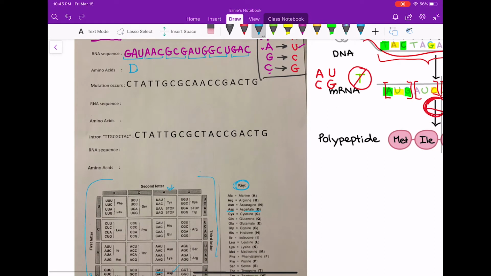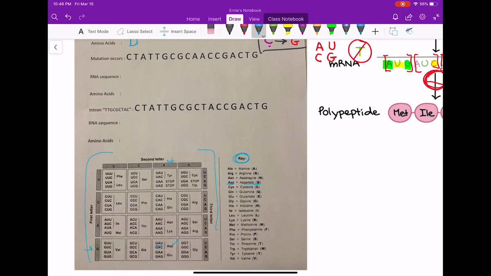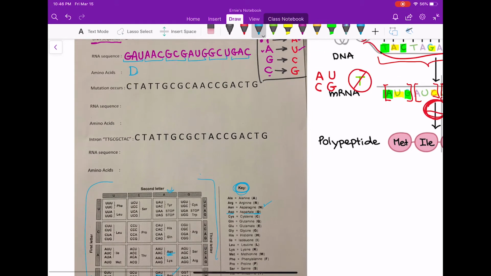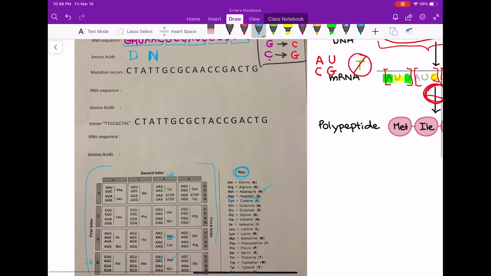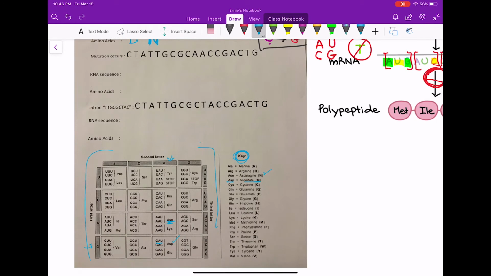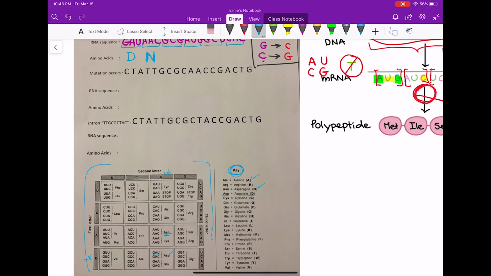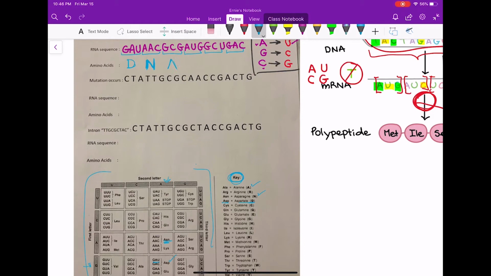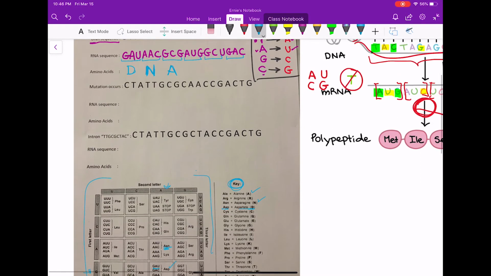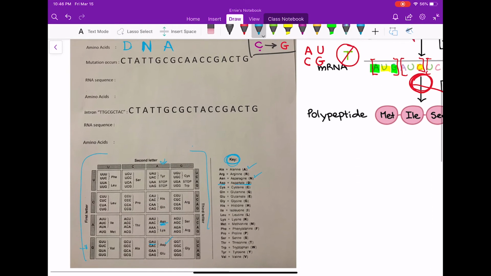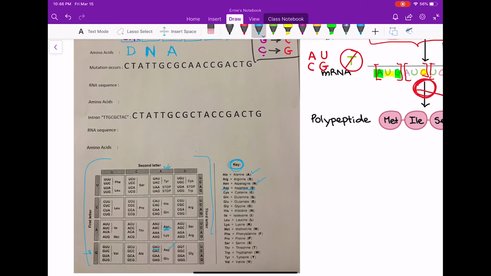The same for the next one. AAC, it's ASN. ASN, I refer to my key. ASN is N. So write N. Then I move on. GCG is ALA. That's alanine. That's A. And now I look at AUG. AUG, it's MET.